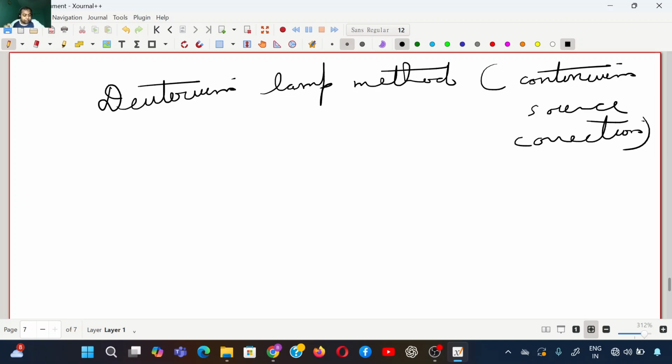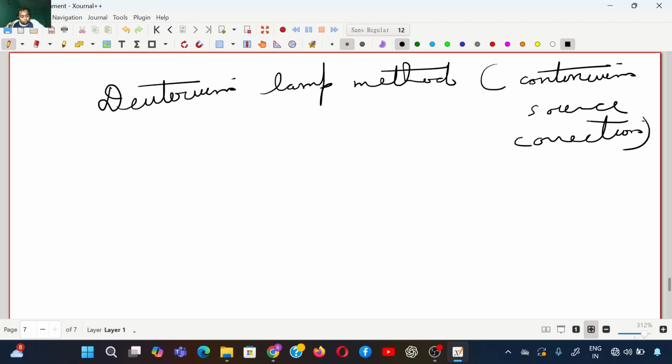So the deuterium lamp provides a reference beam that passes through the flame but is not element specific. It measures only the broad, non-specific absorption due to background. By comparing the signal from the hollow cathode lamp with the deuterium lamp, we can subtract the latter to isolate the analyte absorption. How the radiation alternates between the hollow cathode lamp and deuterium, like we use a rotating chopper, I'm not going into all those details.